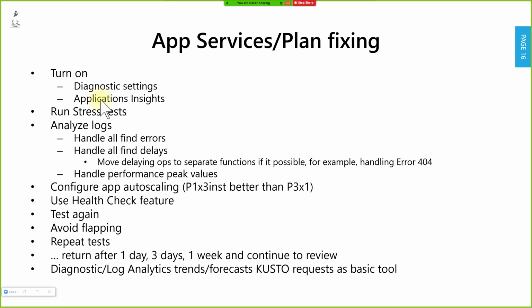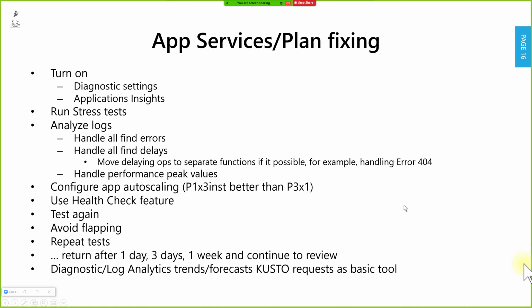After that, please run stress tests, any stress test, it's fine. Analyze the logs, handle all found errors, handle all found delays, etc. Again, try to move delays to a different function, to an atomic operation.